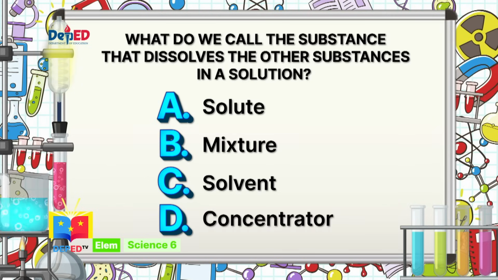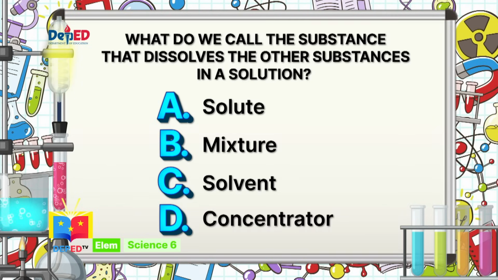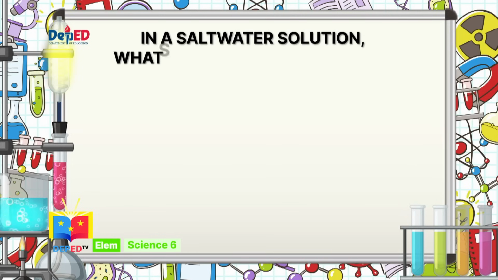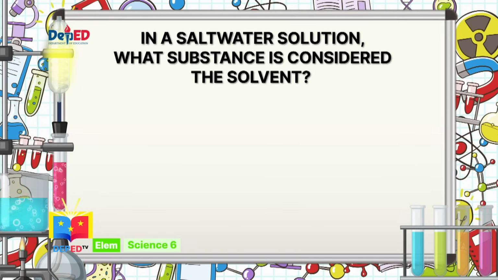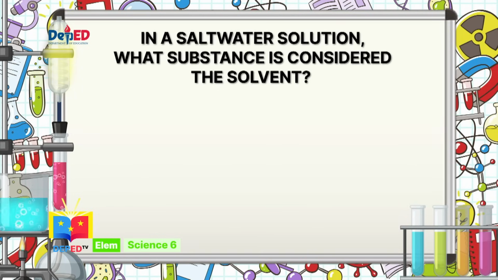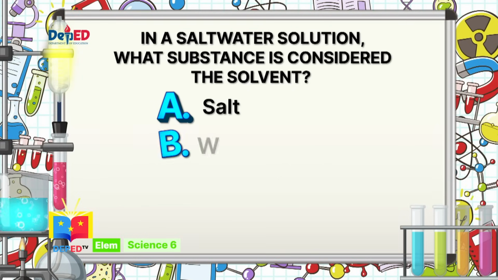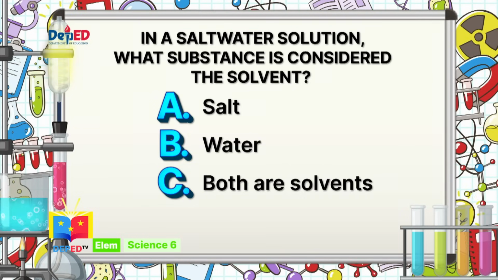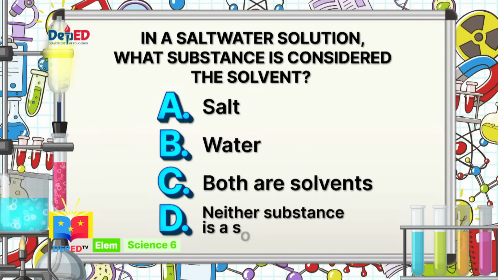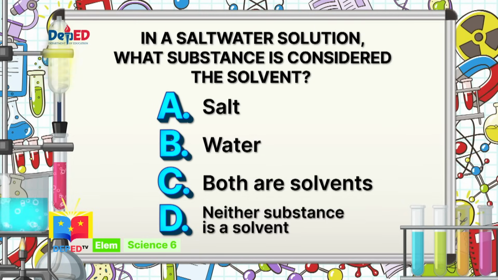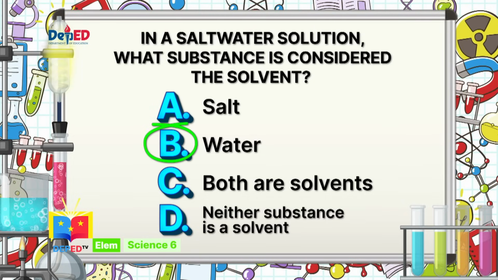Or D. Concentrator. The correct answer is C. Solvent. Number 5. In a salt-water solution, what substance is considered the solvent? A. Salt. B. Water. C. Both are solvents. Or D. Neither substance is a solvent. The correct answer is B. Water.